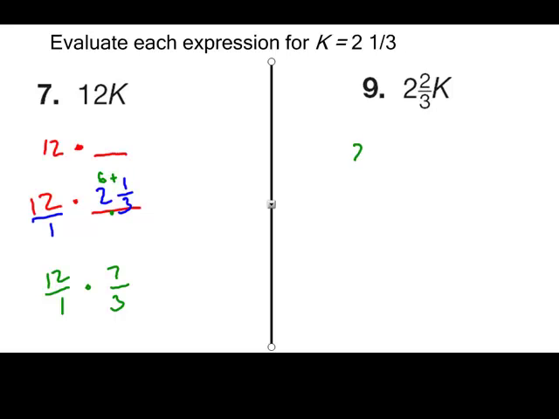We rewrite that 2 2/3 times blank. 2 2/3 times, and we said the blank is going to be equal to 2 1/3. Change these to improper fractions, multiply, and simplify.